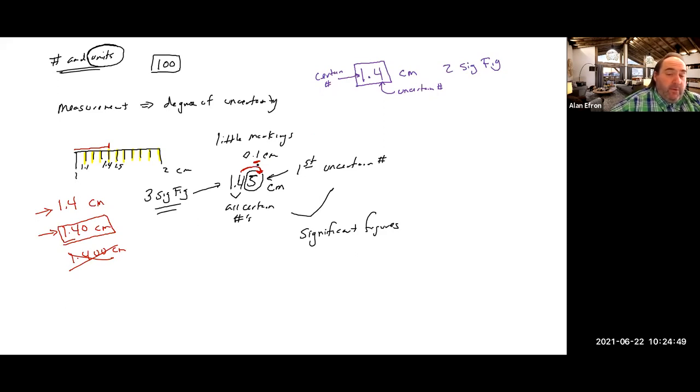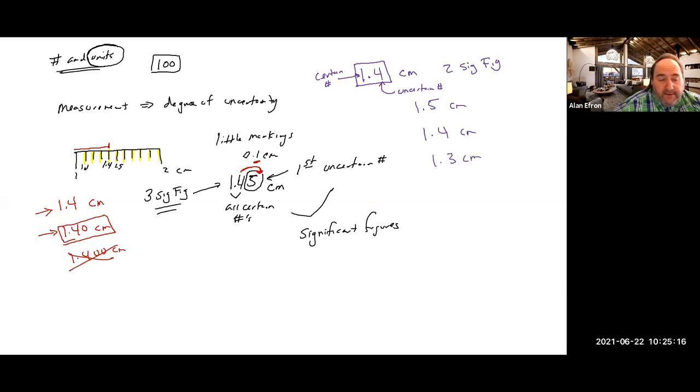Well, what we've been talking about is in general, we consider the uncertain number to be sort of plus or minus 1. And what you would be telling people if you recorded the number as 1.4 is, well, it is 1.4 centimeters, but it could be as big as 1.5 centimeters, or maybe it's as small as 1.3 centimeters.